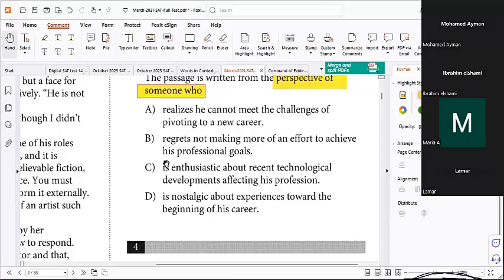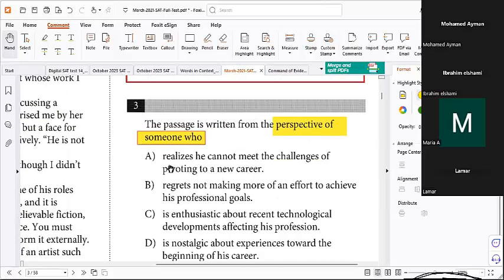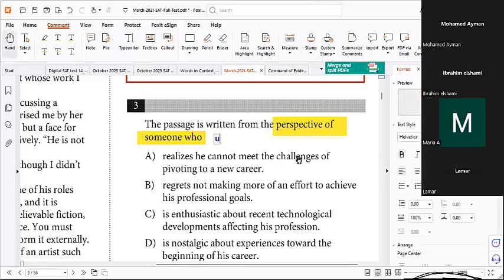I will send it to you in the group, and you have to solve it. I will cut these pages and send them to you, and I will check your answers. Anyway, I have the answer for this test. I will keep this question because it is high difficulty: no context, no command of evidence, no word, no structure. This is inference. You need to understand.